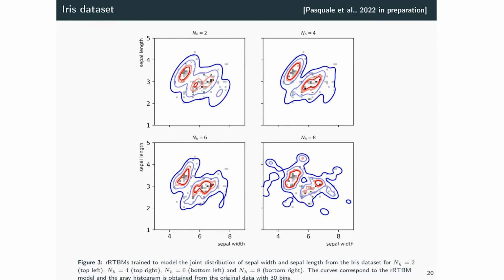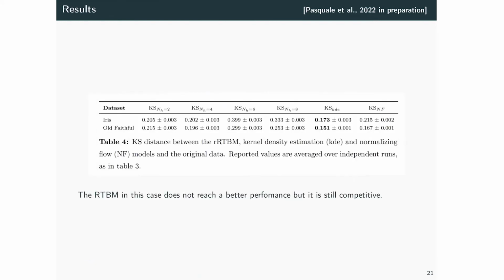But the problem with these particular datasets is that they have a small number of points. So we can see that essentially every model struggles when estimating this density due to the low number of points.